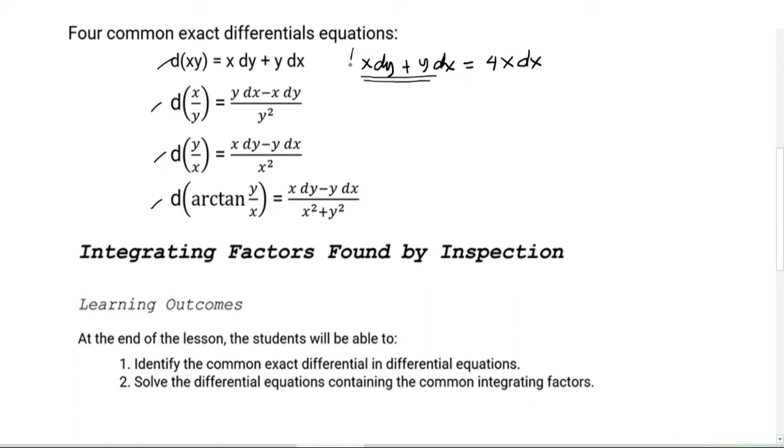The integral of this is equivalent to xy, and the integral of 4x dx is 2x squared, then plus c. So this is the answer. And we also have other common exact differential expressions.